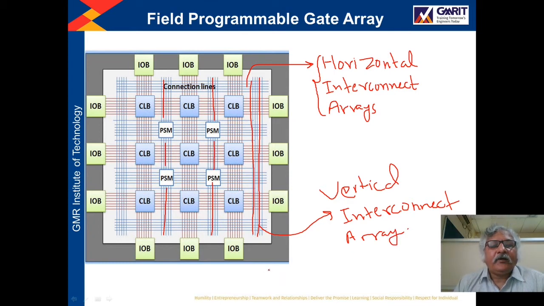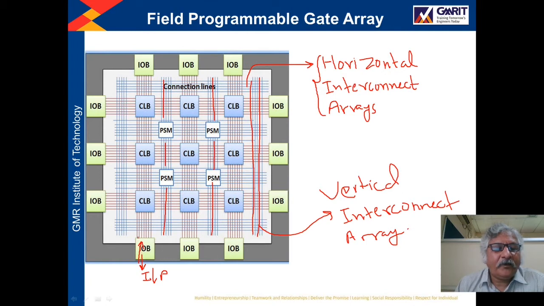These wires are used for the routing of our signals. Let us assume I declare this IOB block as my input pin. From here I can send the input inside the FPGA.